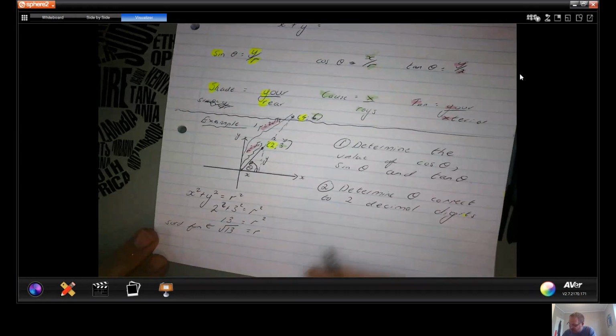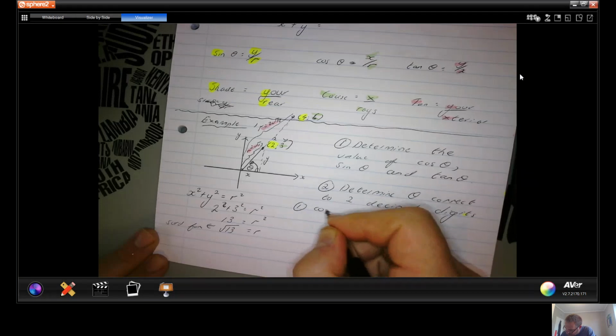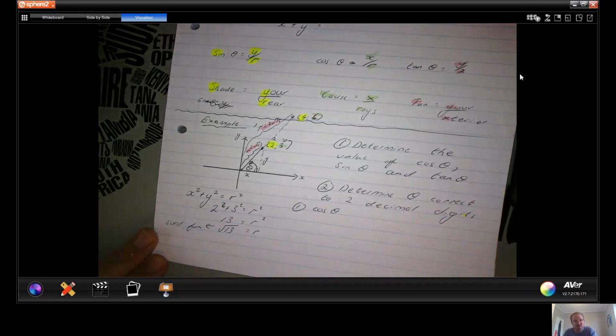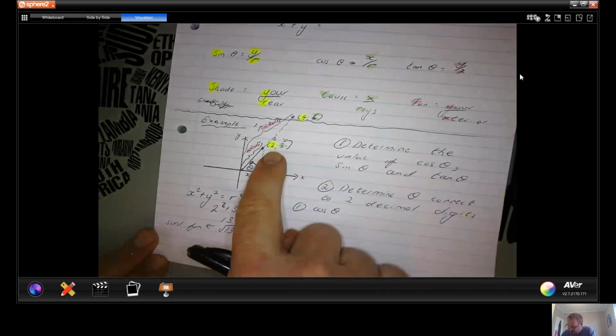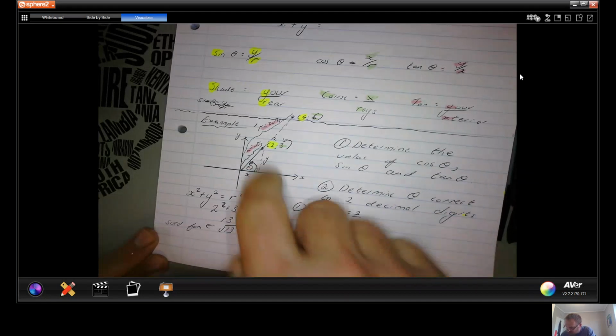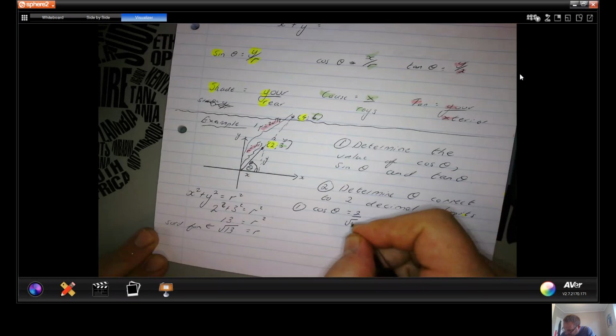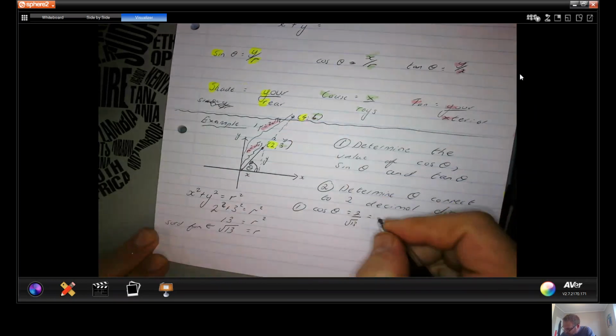Okay, so I'm going to use both things. If I said to you now, for question 1, what is cos theta equal to? Well, all that means is what is the ratio of the x coordinate over the radius. The x coordinate for this angle theta is the yellow one, which is 2. So you could write 2 over root 13, or if you chose that point, 4 over 2 root 13.